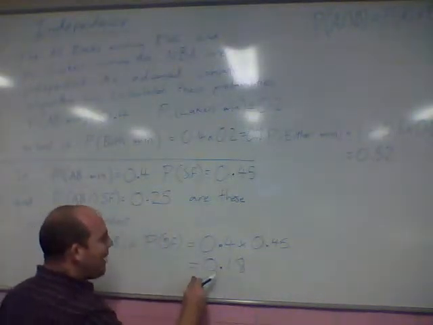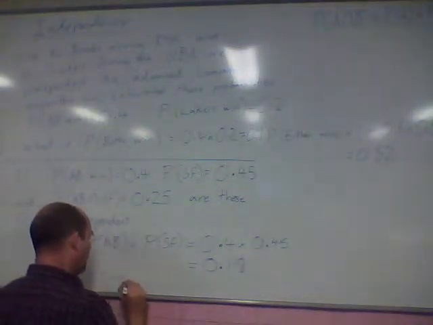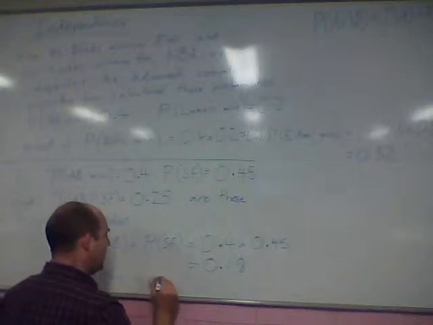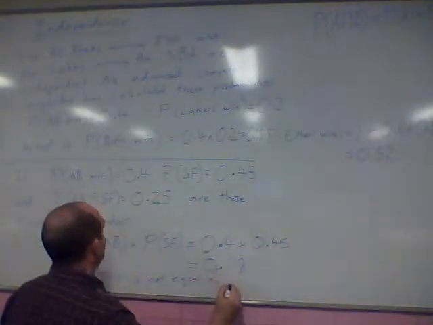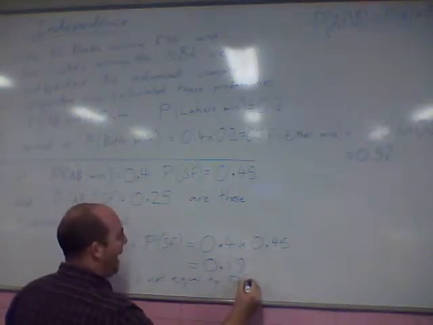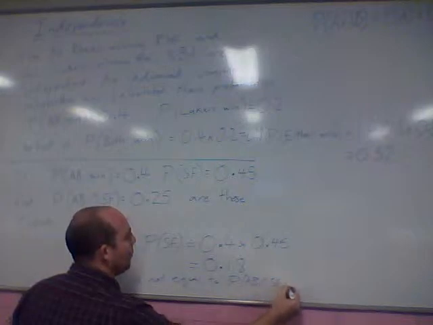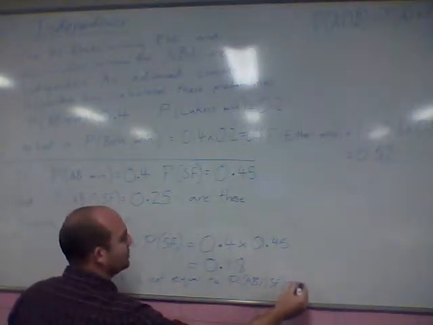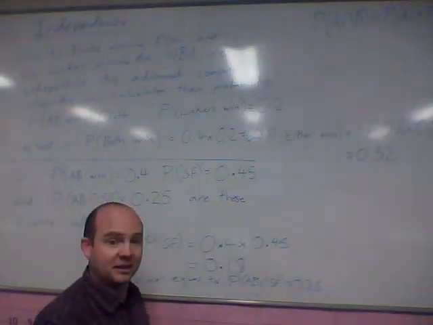And so I now compare that. This is not equal to P(AB) intersection SF, which of course we said was 0.25. They are not independent.